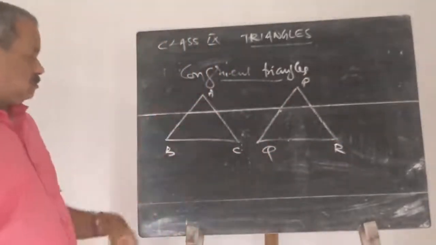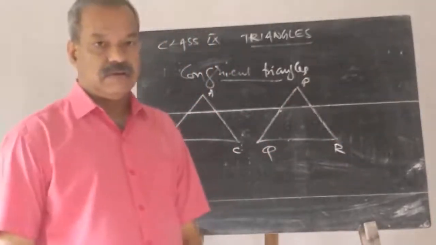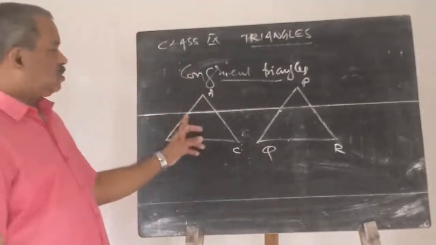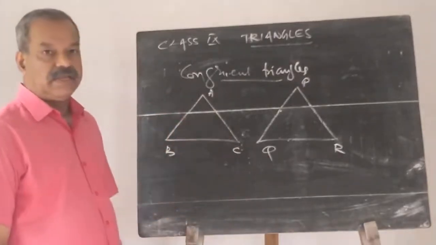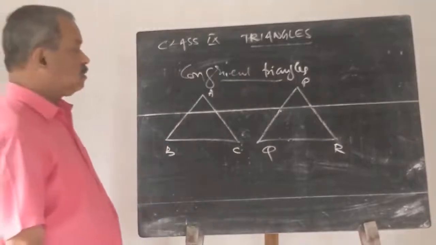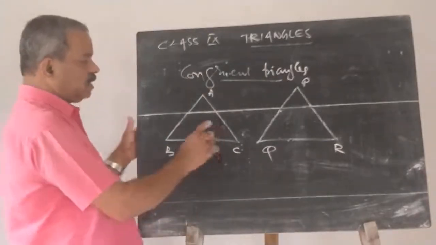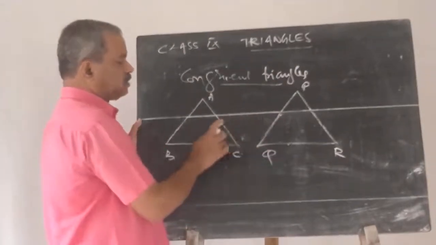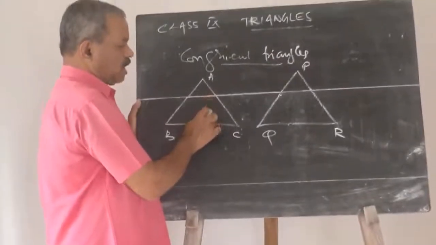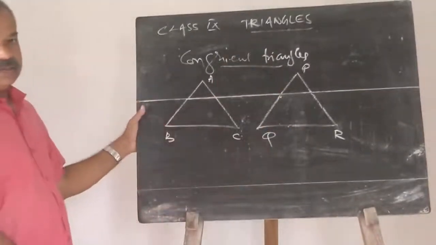What are the different aspects of a triangle? A triangle has three sides and three interior angles. So we can make six relations between triangle ABC and triangle PQR.